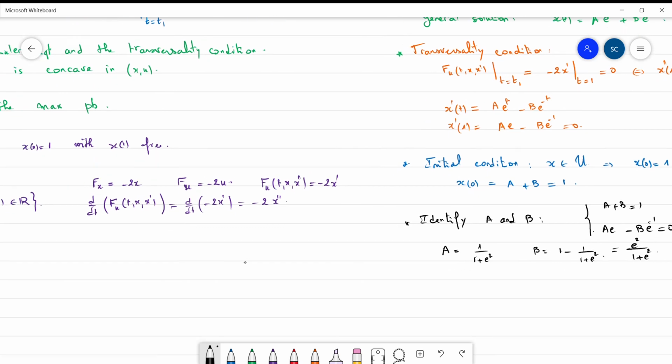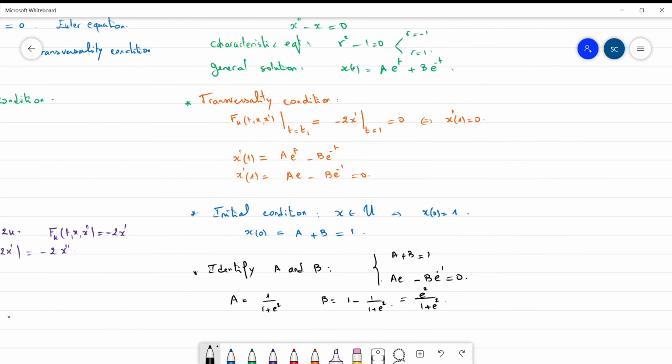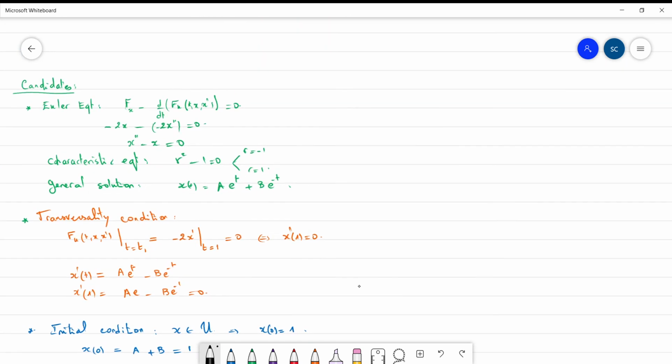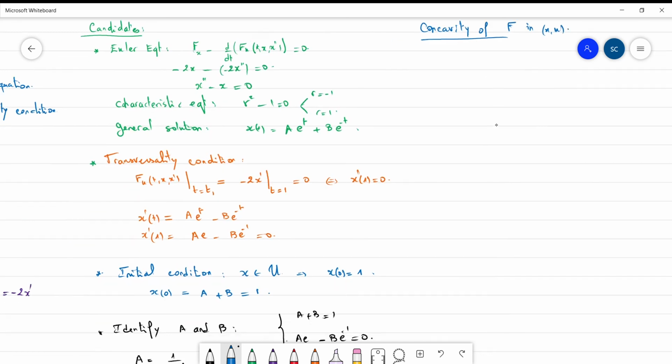Now is it the solution? So we use the second theorem, and we explore the concavity of f in (x, u). So my function f, what is it?